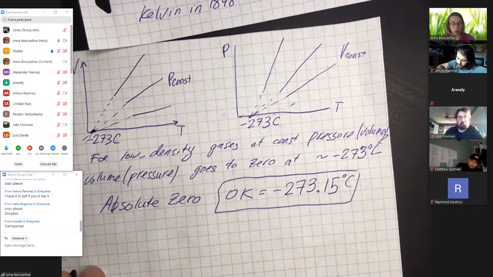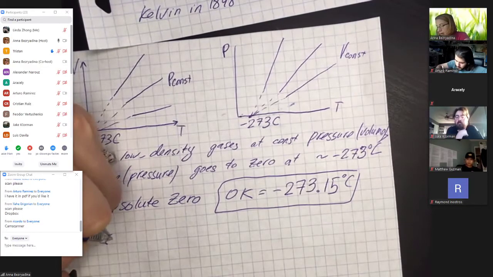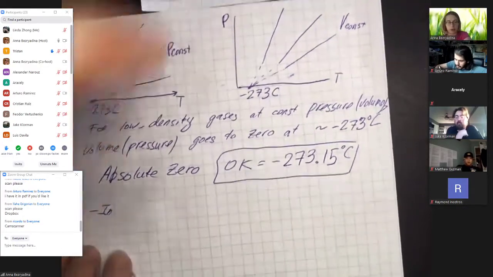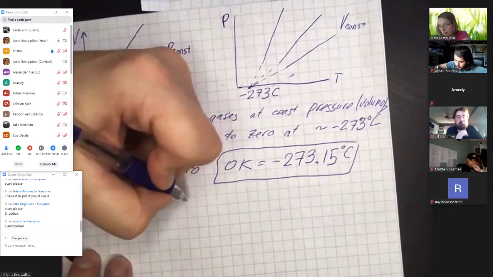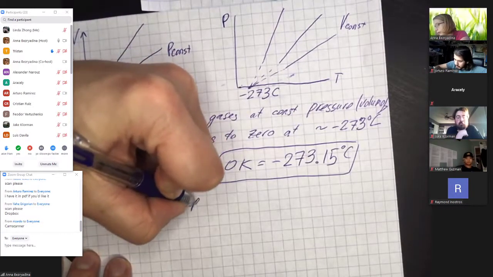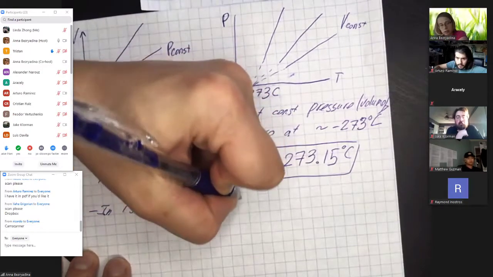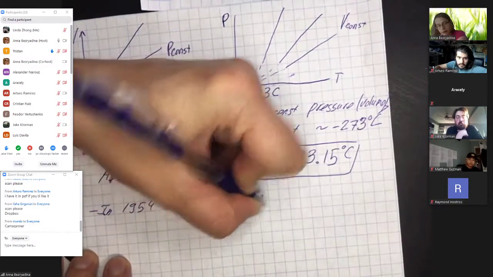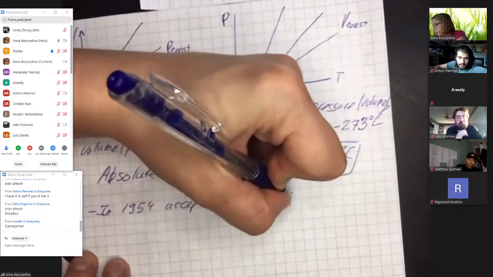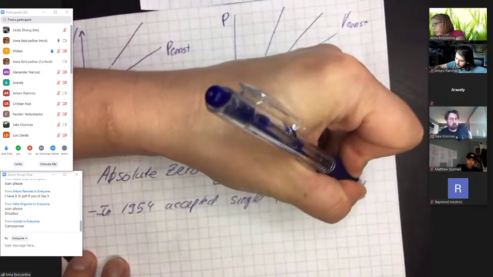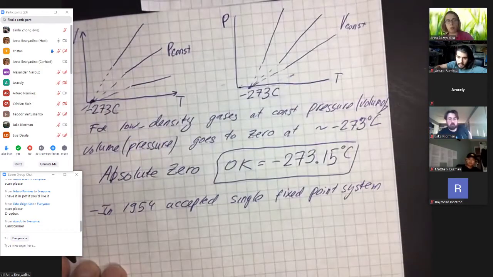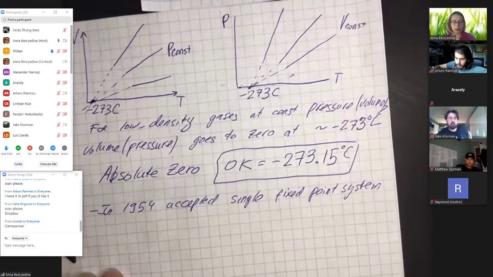It was looked at again in 1948, and in 1954 it became the system. I'm almost done, guys, with this section. I just want to finish for you. In 1954, they accepted the single fixed point system, and they use this as a standard where you only need to know one point to define the temperature dependence.